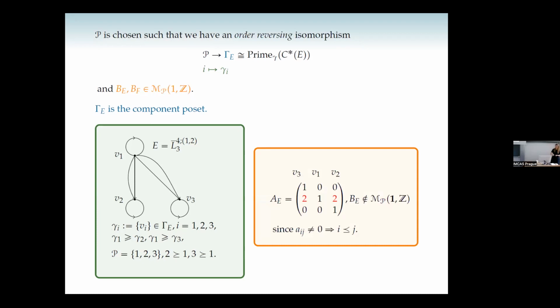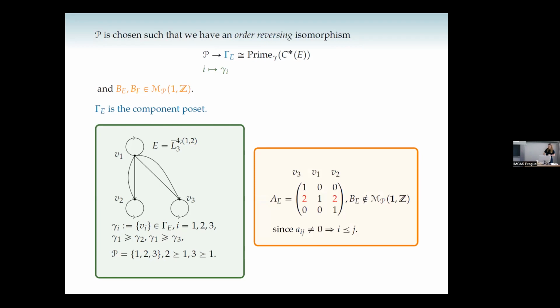We need to have that BE and BF, so the two graphs we're looking at, have to be in this MP. It means that if you have a graph, you can write up your adjacency matrix in many different ways. This is not the most intuitive way, but if I took V3 first, then V1 and V2, the matrix will look like this.